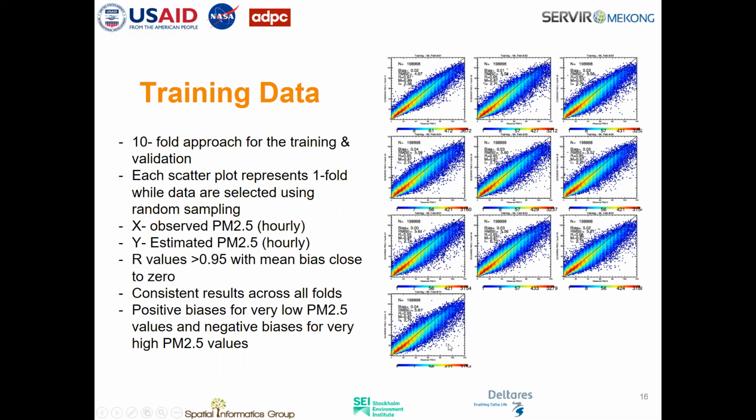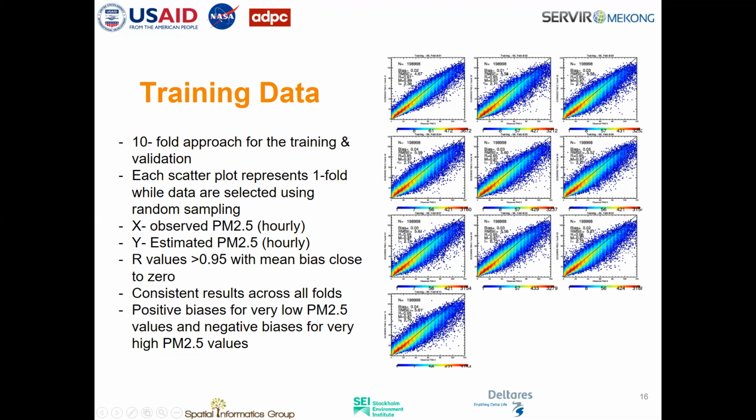What I want to emphasize here is that our model still has a positive bias for very low PM2.5. As you see here, for very low PM2.5, it tends to overshoot, the positive bias.